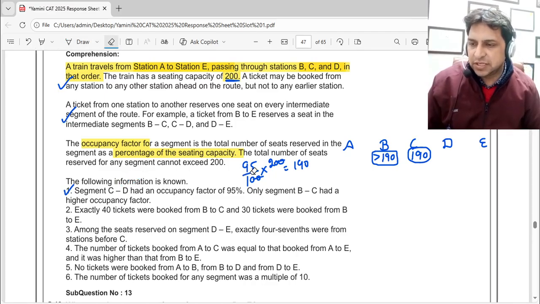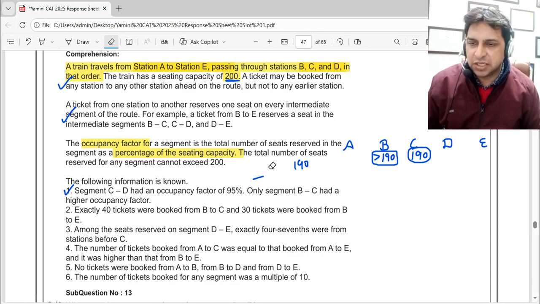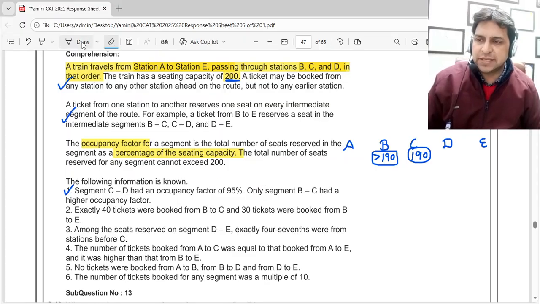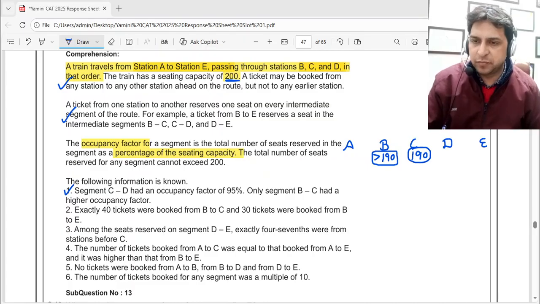Information number 2 says that exactly 40 tickets were booked from B to C and 30 tickets were booked from B to E. Now, to make it simple, because from one station you can book multiple tickets, let's make some pointers.